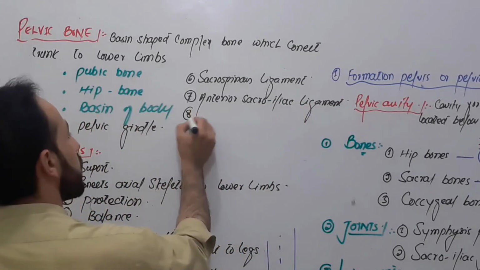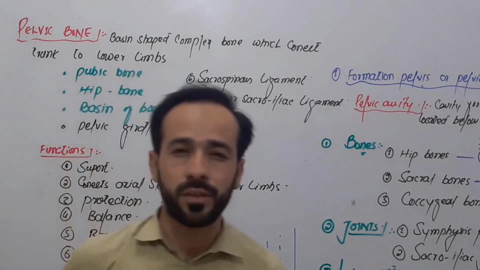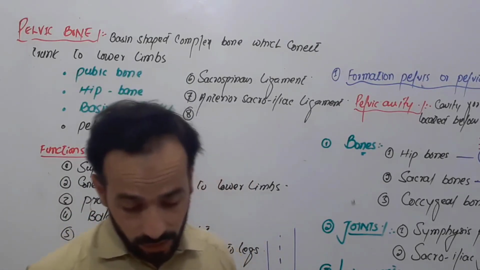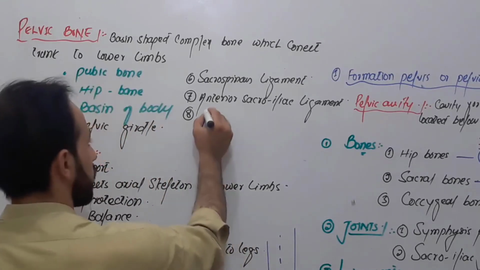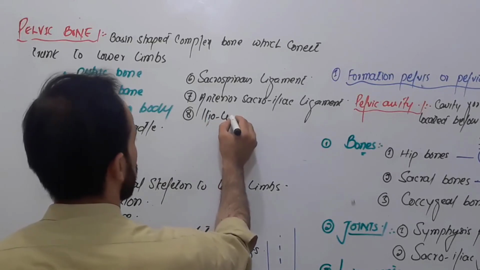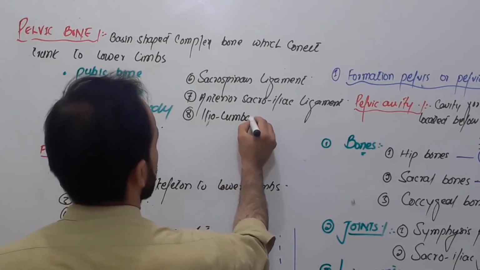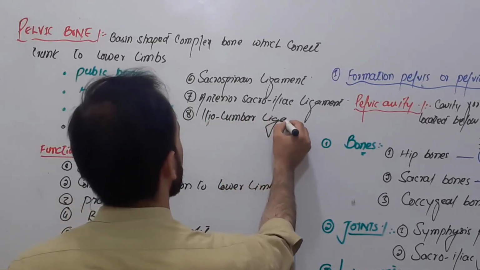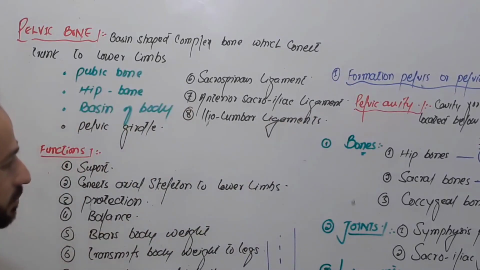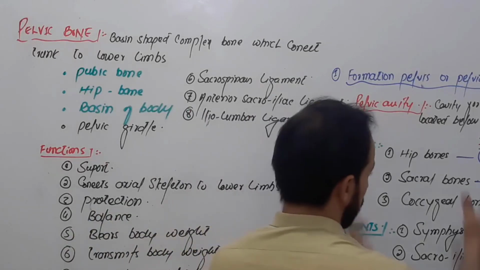And number 8 group of ligaments which are found in your iliac region or in your pelvic cavity are called the iliolumbar ligaments, right friends? These are the ligaments which are found in the pelvic cavity.